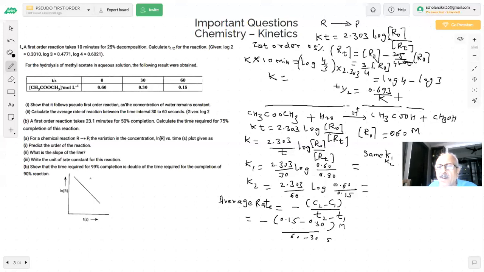So the minus will become plus. You can find out the answer. Here the value of K was coming almost the same, 2.31 into 10 to the power minus 2. In both cases you will get almost the same value.